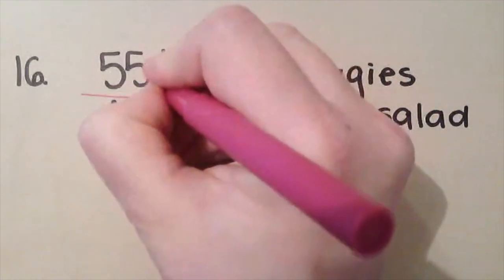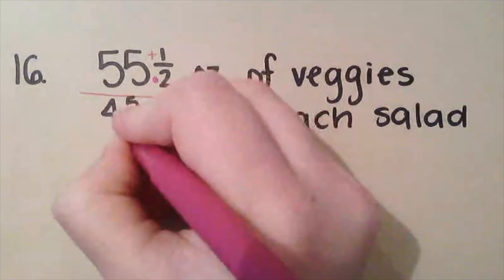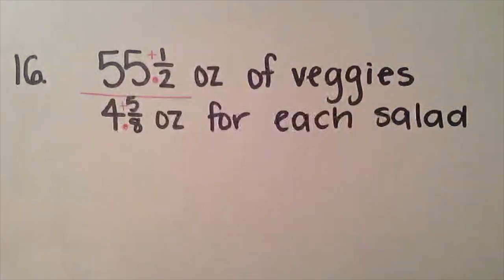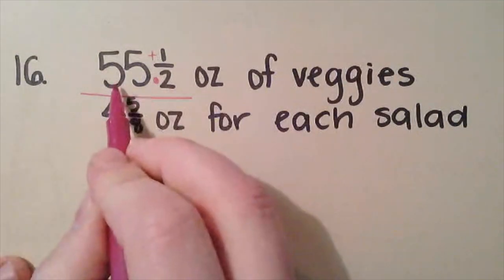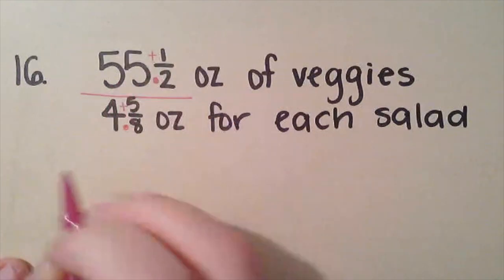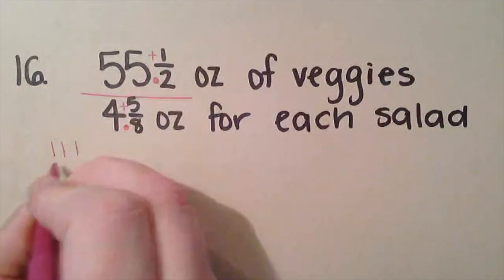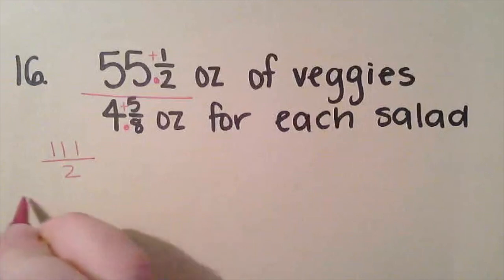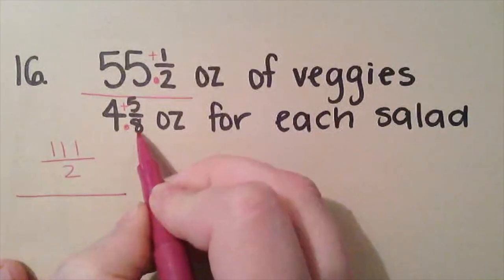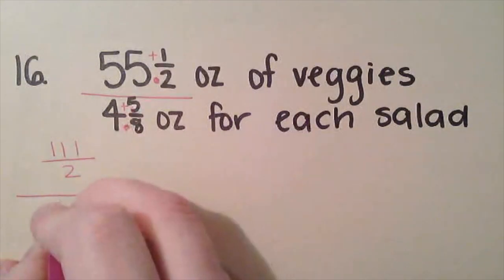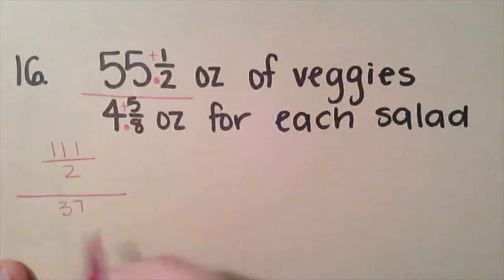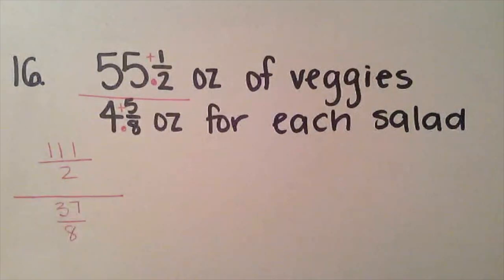So the first step is to make my mixed numbers improper fractions. 2 times 55 is 110, plus 1 is 111 over 2. I'm going to divide that by 8 times 4 is 32, plus 5 is 37 eighths. And there's my division problem.